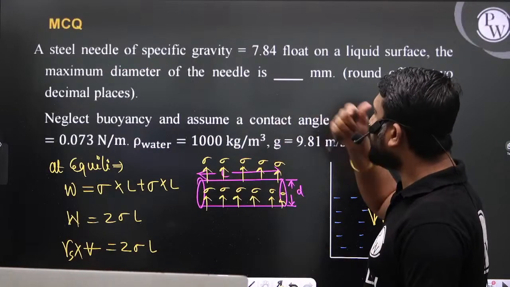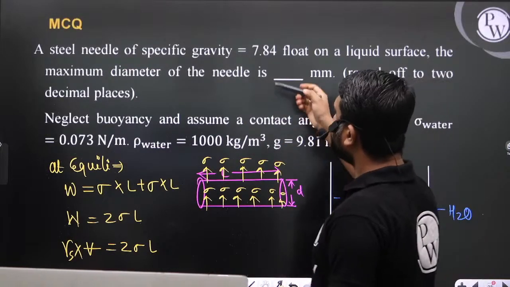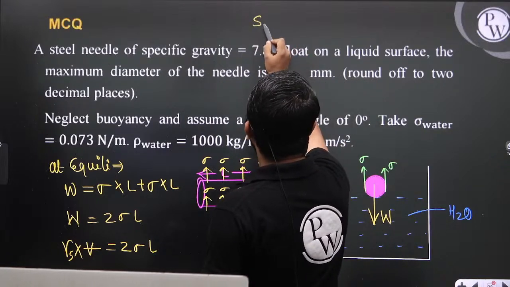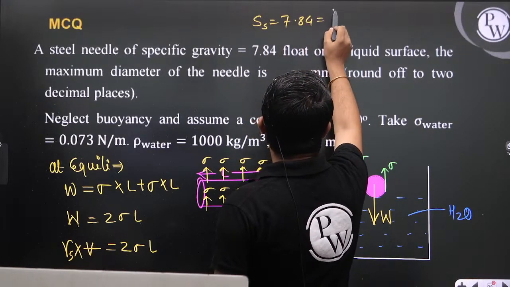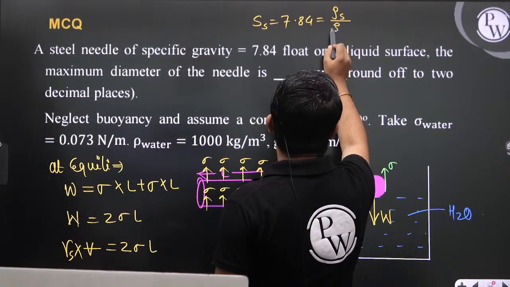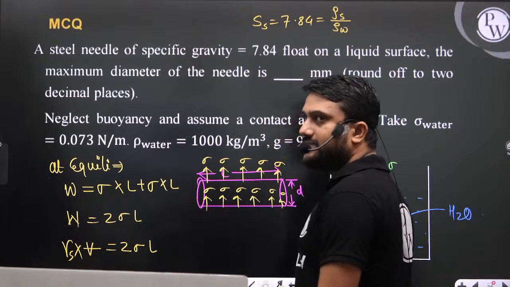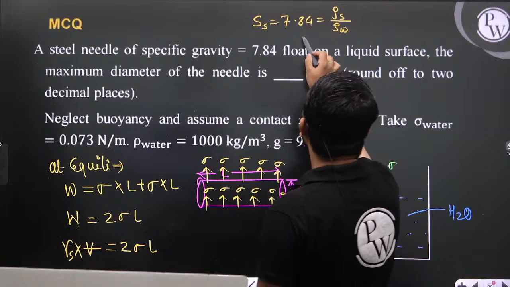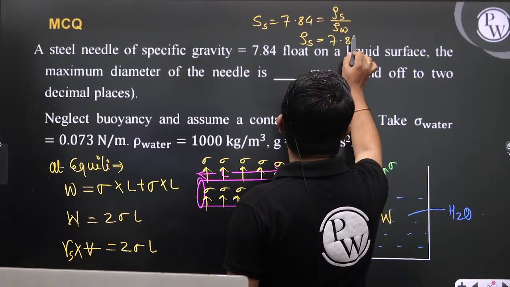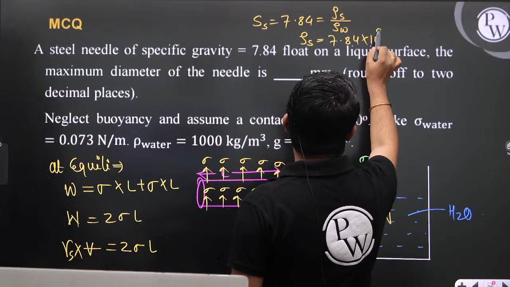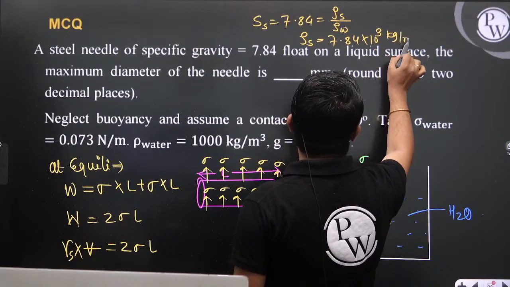The specific gravity of steel is given as 7.84, which is equal to the density of steel to the density of the standard fluid, or you can say water. So what is the density of steel? It is 7.84 into 10 to the power 3 kg per meter cube.